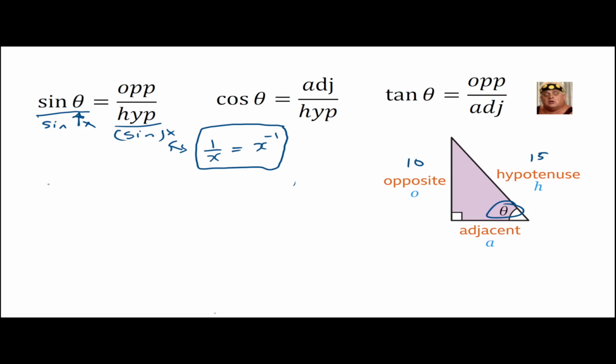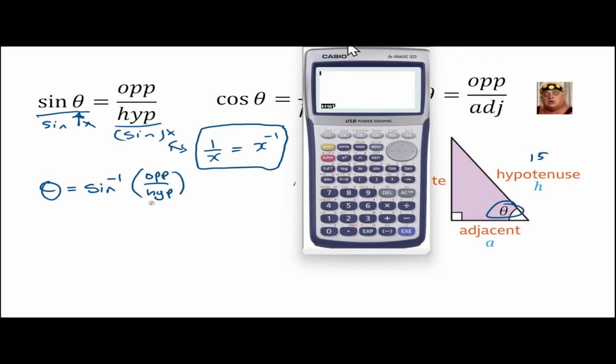We can bring the sine over, so that theta, if we solve it, is going to be sine -1, inverse sine, of the opposite over the hypotenuse. So these ratios, opposite hypotenuse, adjacent hypotenuse, and opposite adjacent, still hold. And the reason I write it in that form is that this is probably the form your calculator will be set out as.